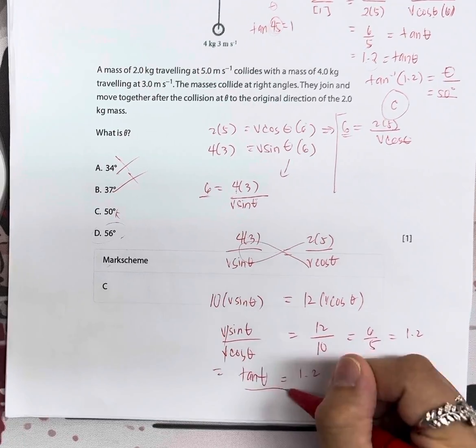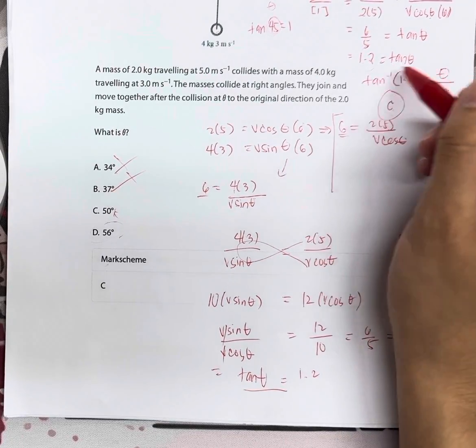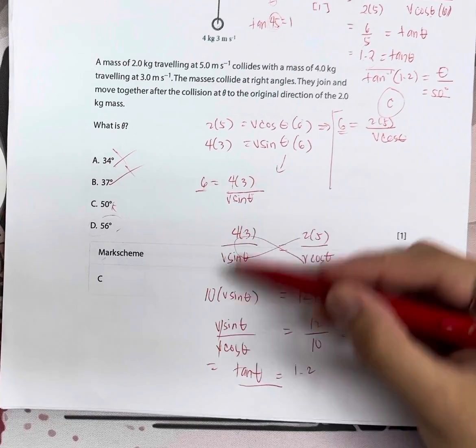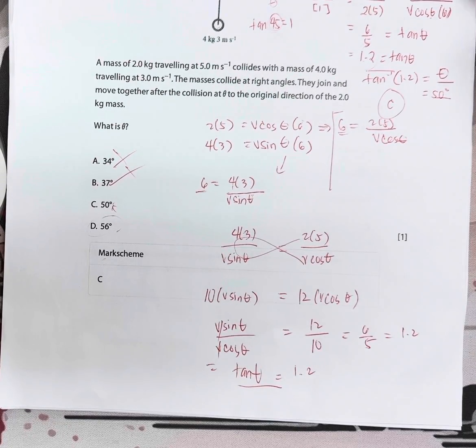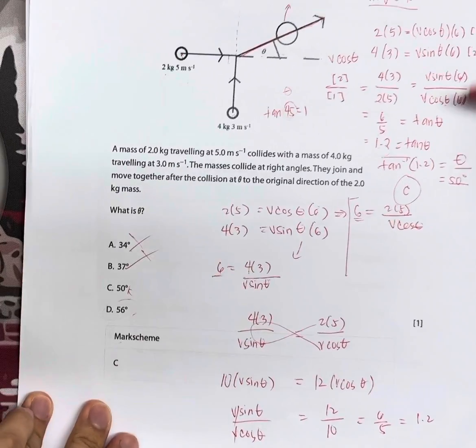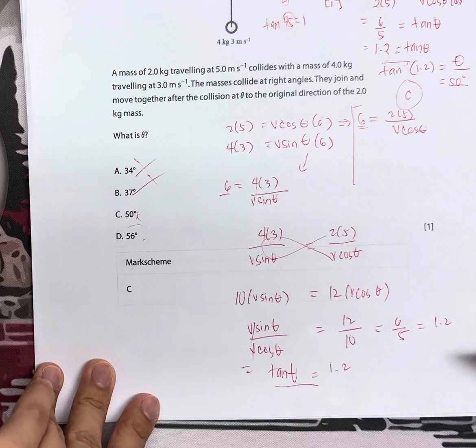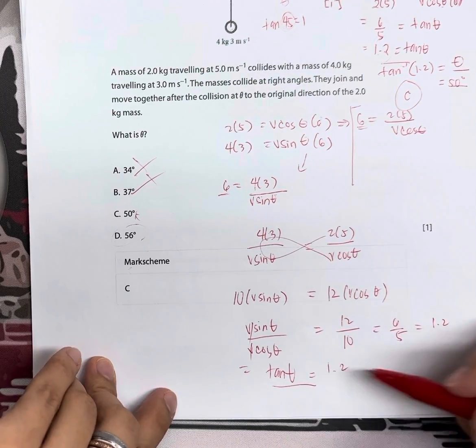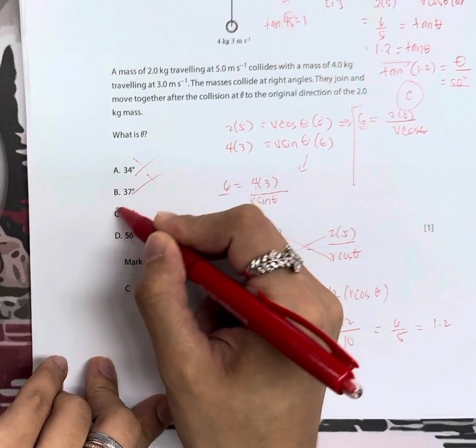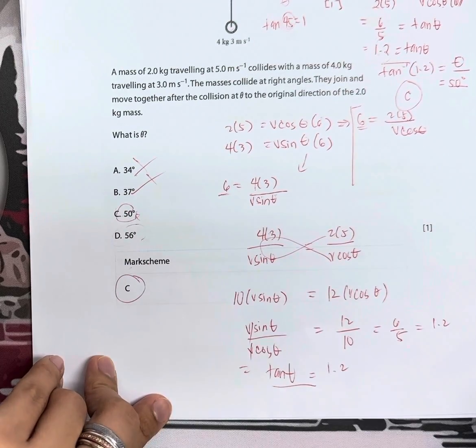Notice how I arrived at the same place. This is just a bit longer, but if you're not comfortable with just going straight to dividing the 2 equations, if you didn't recognize the relationship early on and you did this long method, you will still arrive at the same answer of roughly 50 degrees. Hence, the answer is letter C.